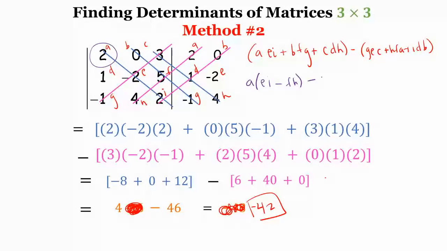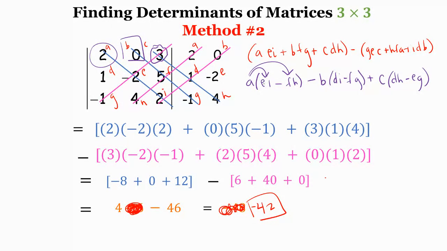And then I'm subtracting B, so now I'm over here, and here's my little determinant, DI minus FG. And then plus C, that last spot, with this determinant, DH minus EG.